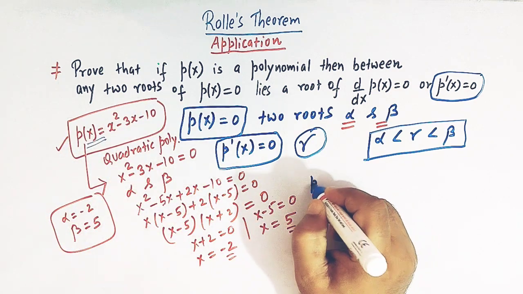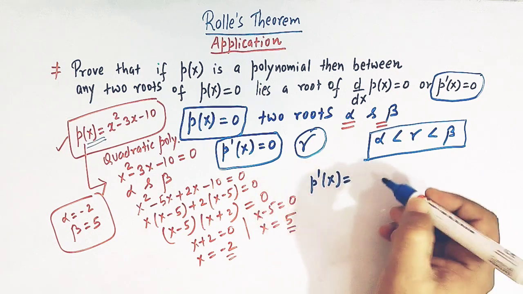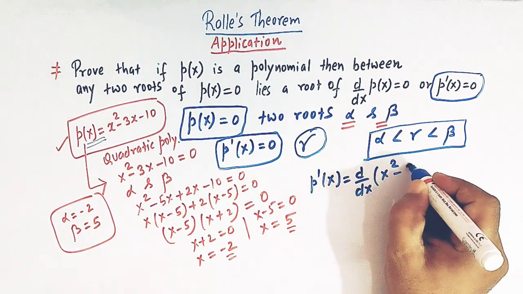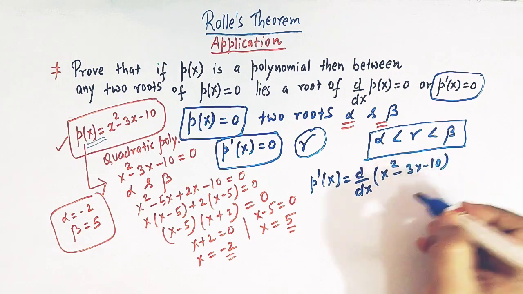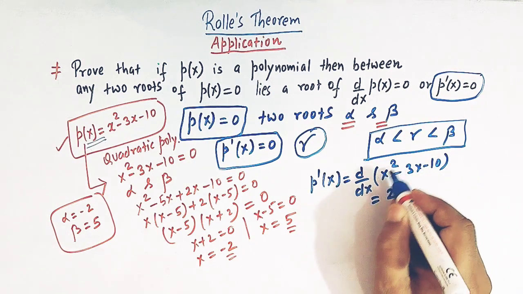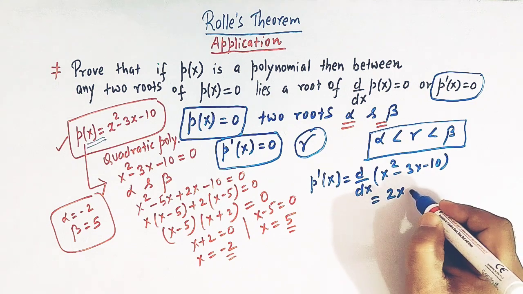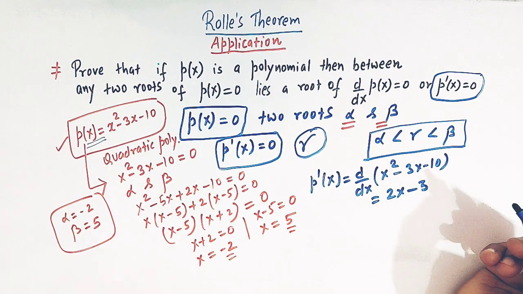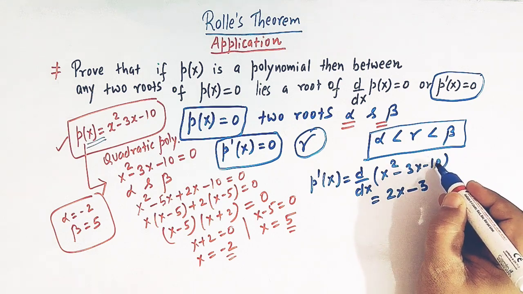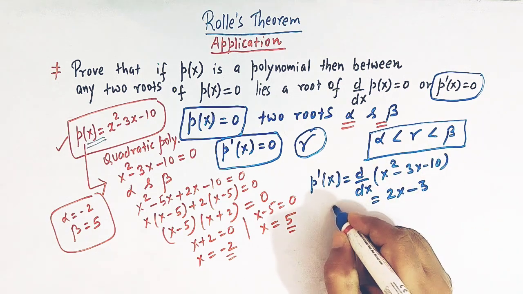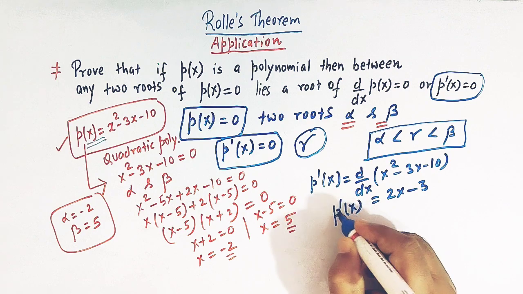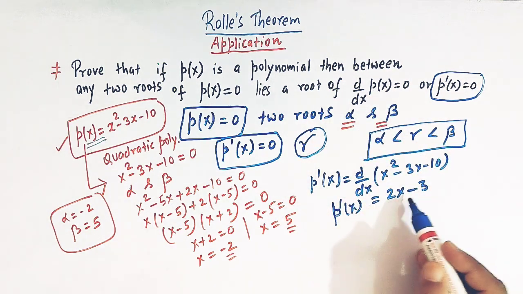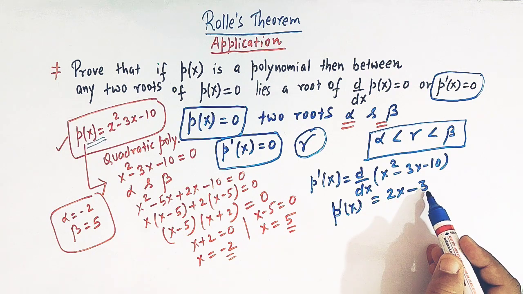So p prime of x is equal to the derivative of x square minus 3x minus 10. So we have 2x, the derivative of x square is 2x, and the derivative of 3x is simply 3, and the derivative of 10 is 0, being a constant. So we have p prime of x, which is dp over dx, equal to 2x minus 3, right?